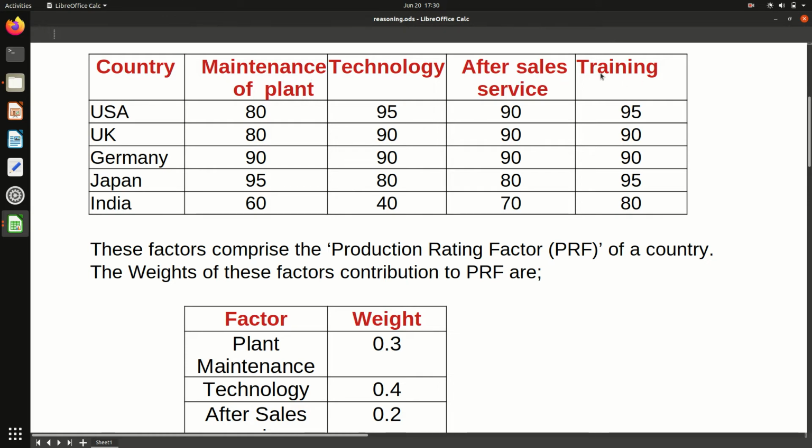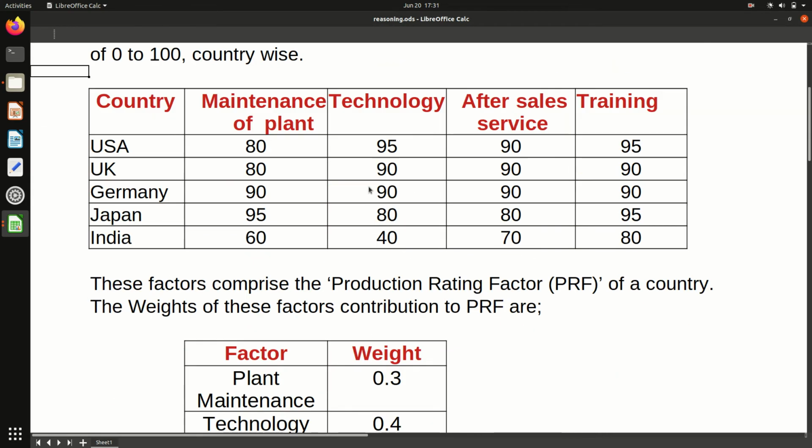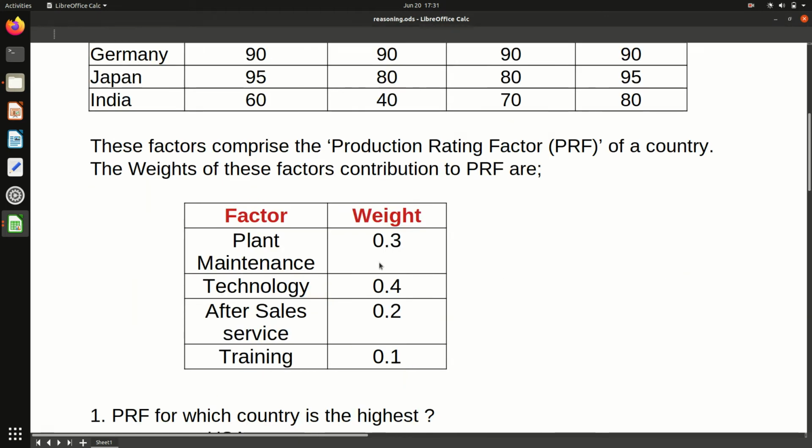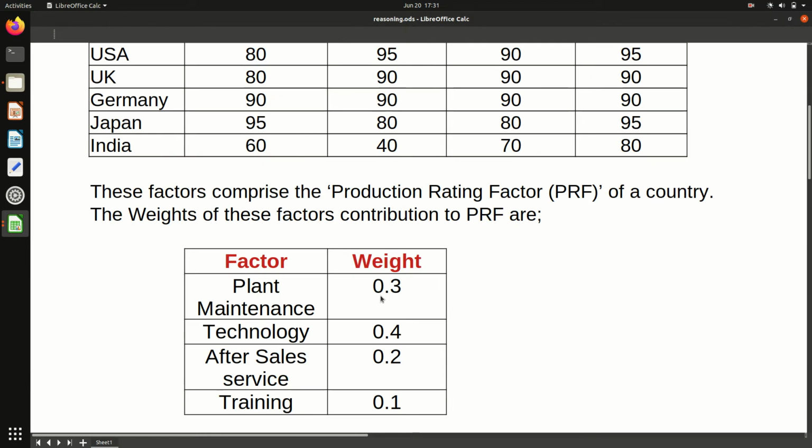Each factor is given some weight, because all factors are not equal: 0.3, 0.4, 0.2 for after sales and 0.1 for training. Technology has been given the highest weight, because we know in general that production depends on technology a lot.